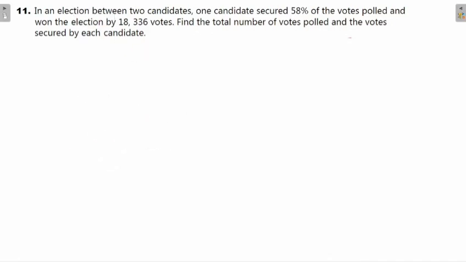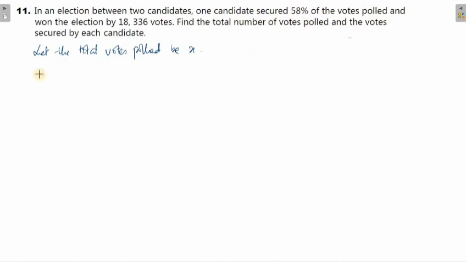Let me take the total number of votes polled. Let the total votes polled be X. So there are X votes polled. Now according to the question, the winning candidate gets 58%.